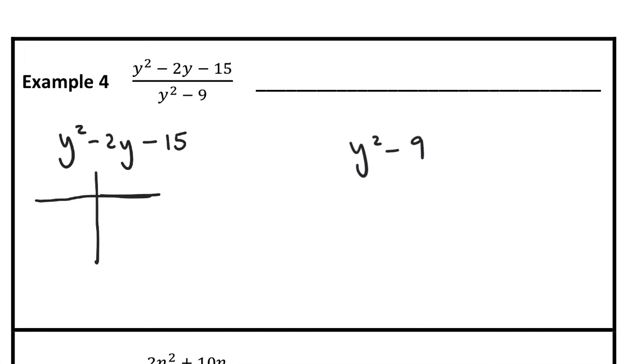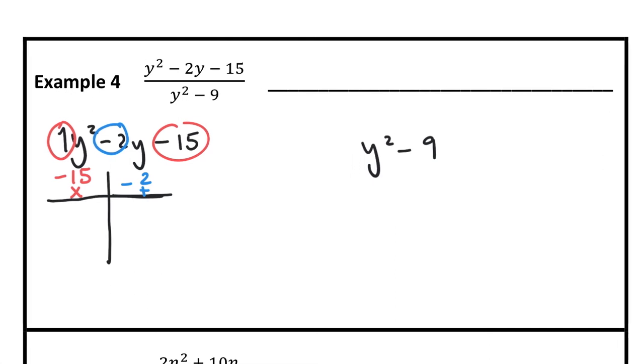So I'm looking for 2 terms to multiply to give me, there's a 1 here. So I'm multiplying 1 times negative 15. That gives me negative 15. Then the value in the middle is negative 2. I'm looking to add. Okay, so 2 numbers that multiply to give me 15.